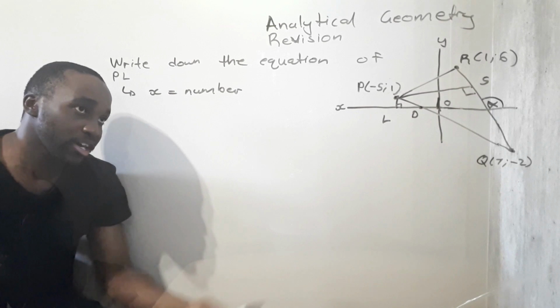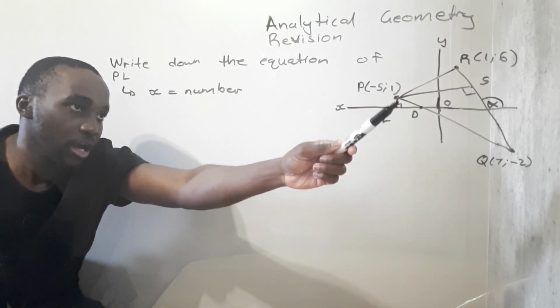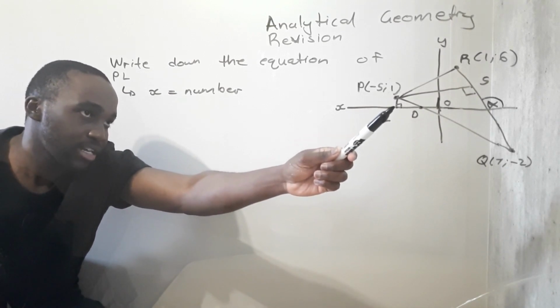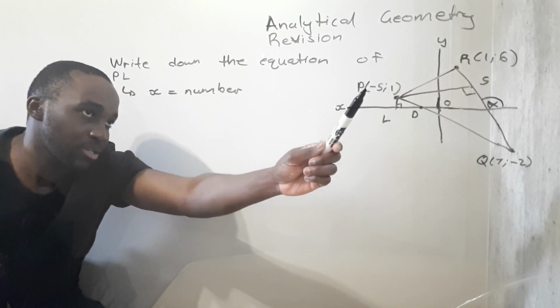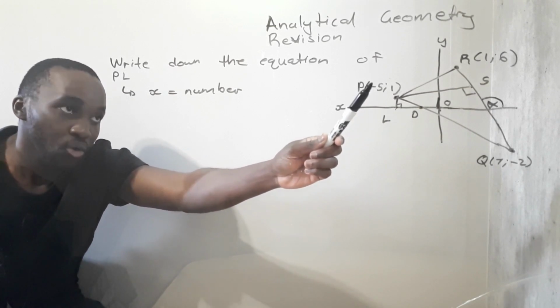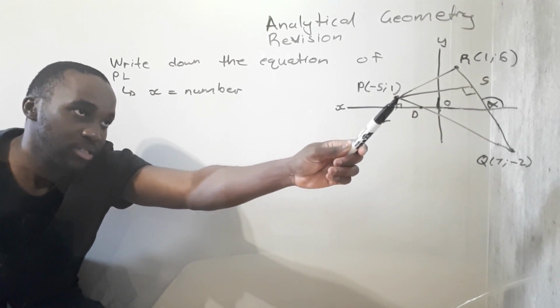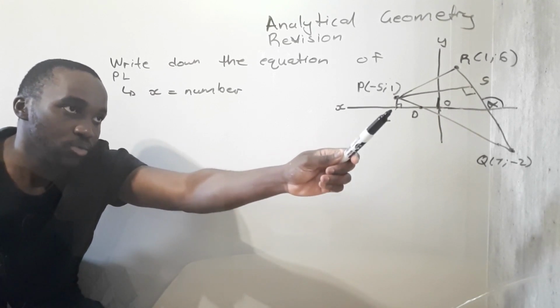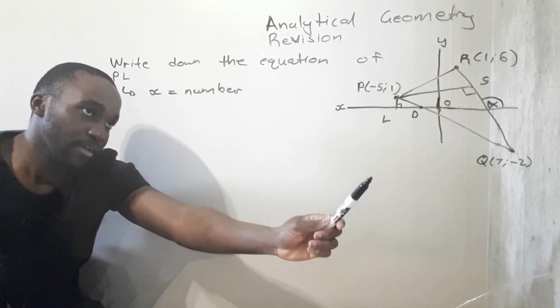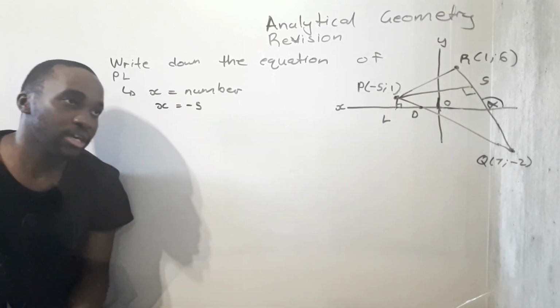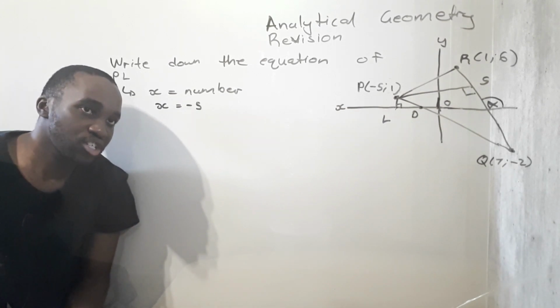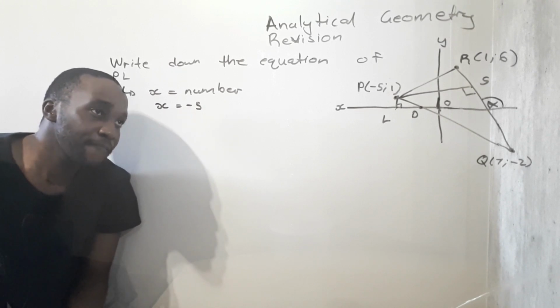So in our case, we can see that PL is cutting our x-axis at -5 because our sketch here has a -5 where the coordinate of P is -5, coordinate 1. So we can see that PL is a line going straight downwards, and the x value there is a -5. So automatically, the equation of PL there is just x is equal to -5.